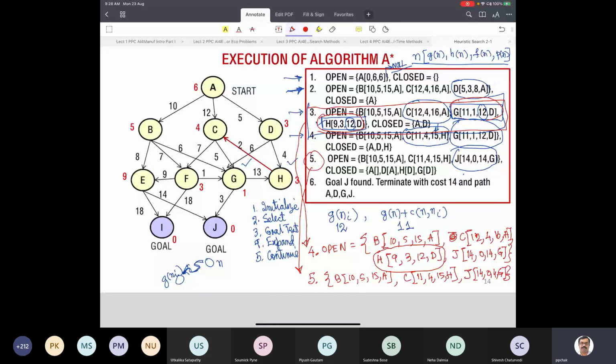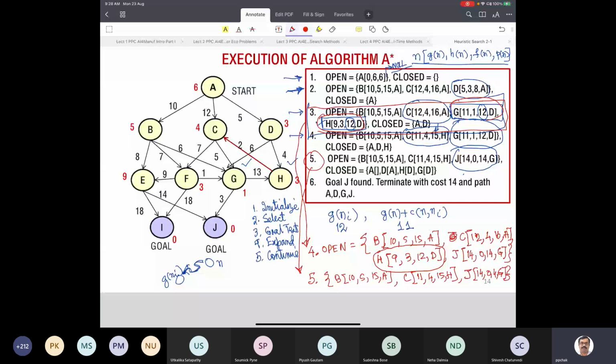Let's ask this question. Now tell me, because the edge costs are positive, the heuristic estimates are non-zero and monotonic. So we have assumed the following.